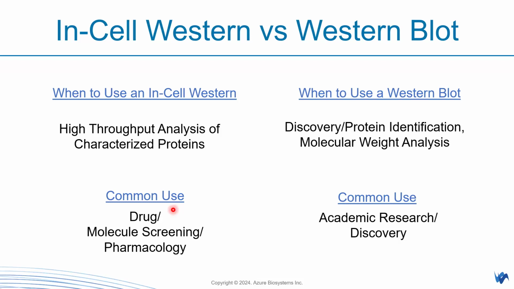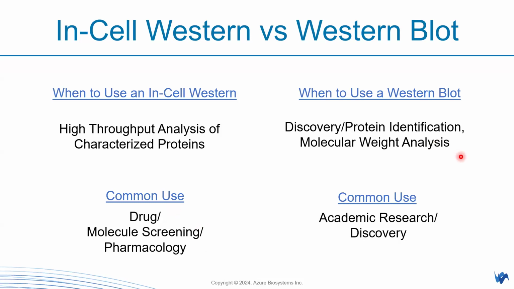So this is what in-cell Western allows you to do. So it's high throughput analysis of characterized protein. It can be applicable for drug screening, active compound screening, pharmacology, or any kind of cosmetic product screening that allows you to work quickly and at a high volume.